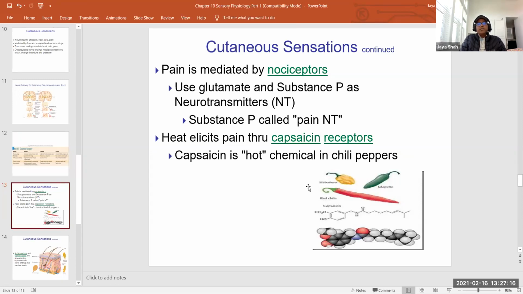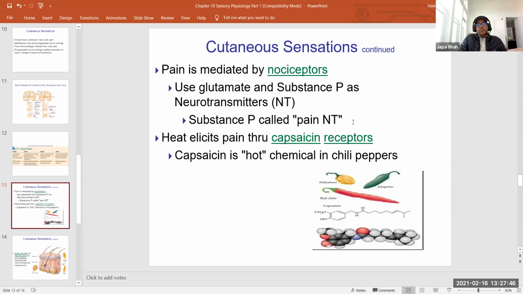In the cutaneous sensation, we have pain sensation too, and that is mediated by nociceptors, meaning pain receptors. When these receptors are stimulated, they release a neurotransmitter called substance P. And substance P activates the nerve ending from there.